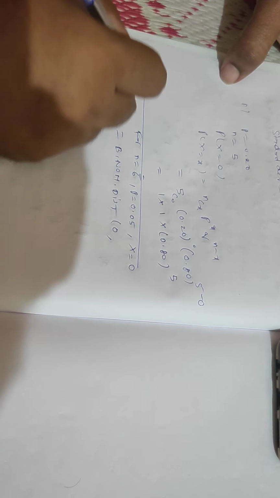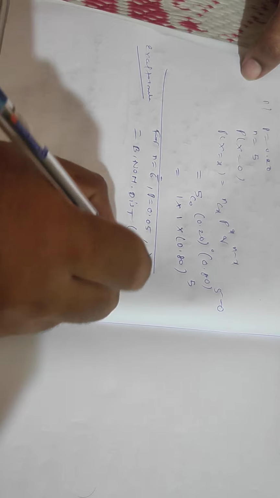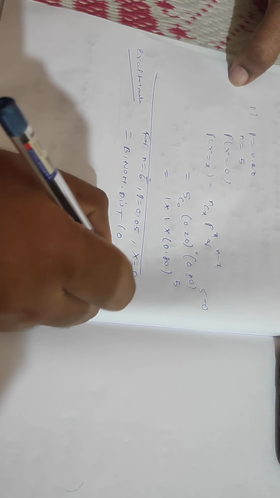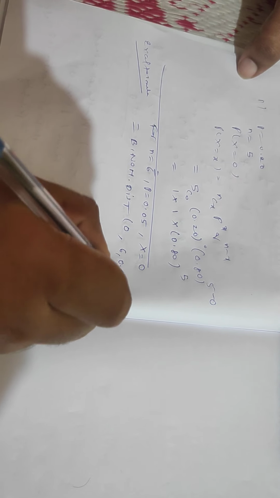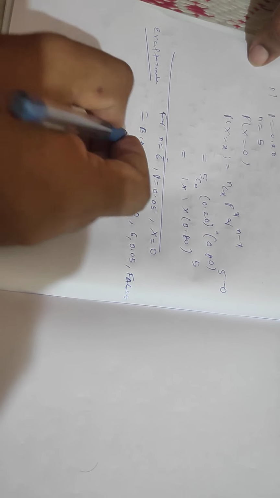The Excel formula is BINOM.DIST, 0, then 6, 0.05. The last argument you should give as false. You will get the value for 0, and then drag it for the other values. You will find the probability distribution table for the others.